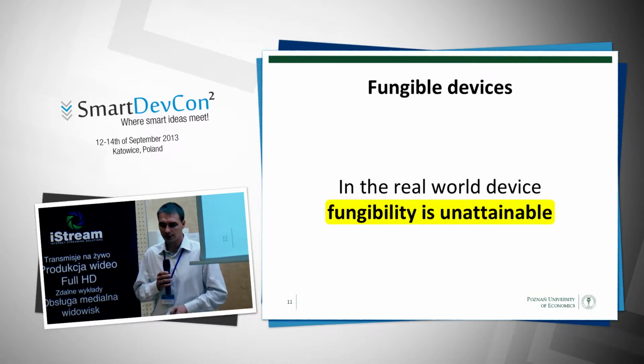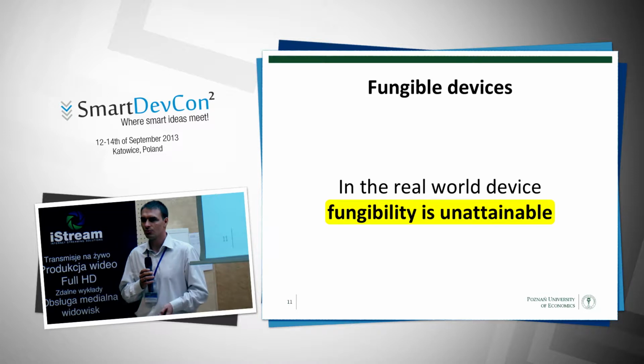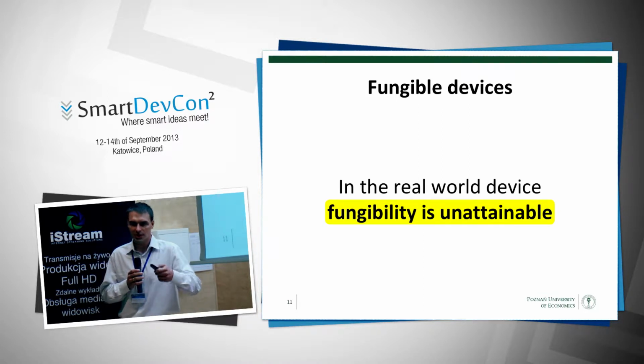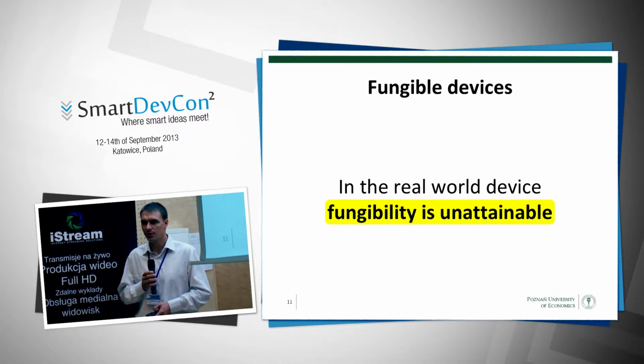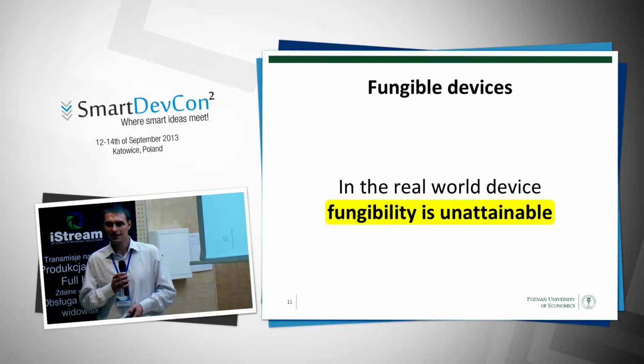But in the real world, fungibility is not possible. In the real world, the range of different devices, different operating systems, and fragmentation in operating system versions is so high that it's not possible to have a uniform platform.